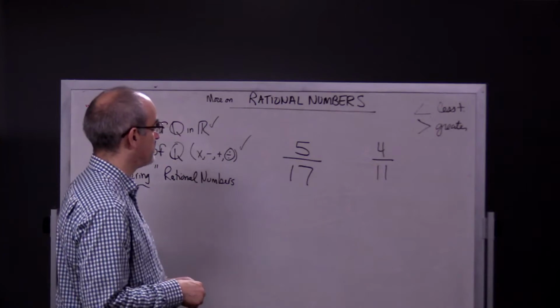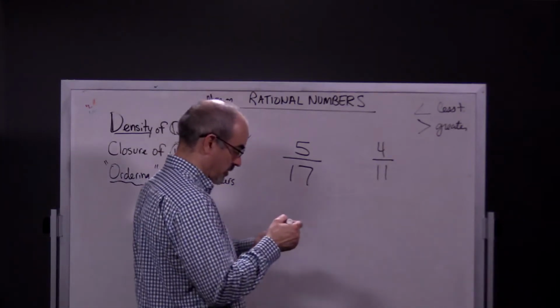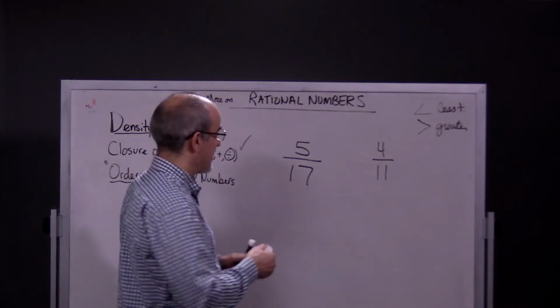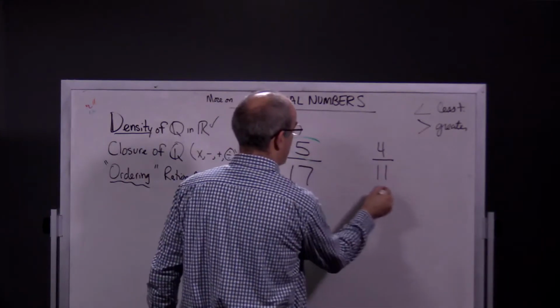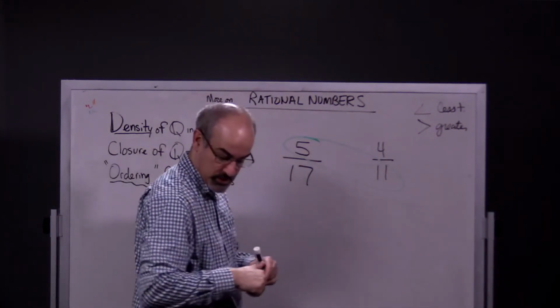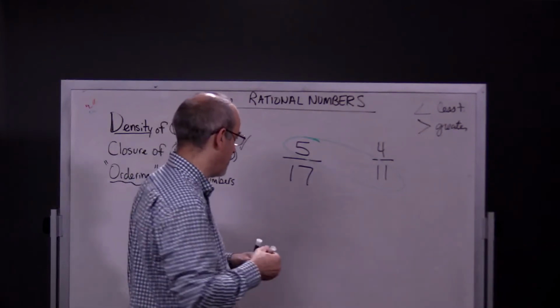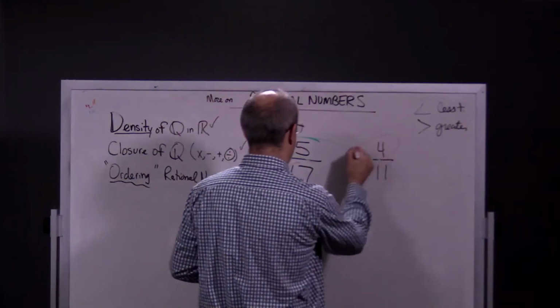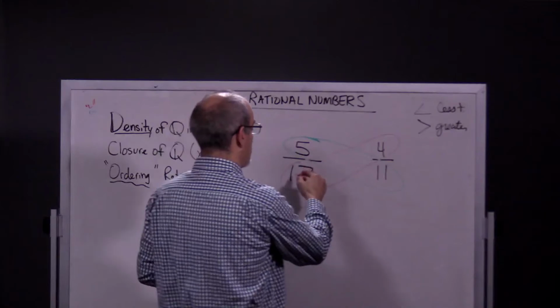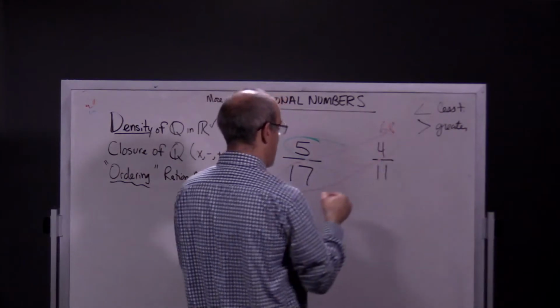So, this takes extra time to do. I can already tell which one's going to be bigger, but I didn't know when I made up the example. So, 17 times 4 is 68.